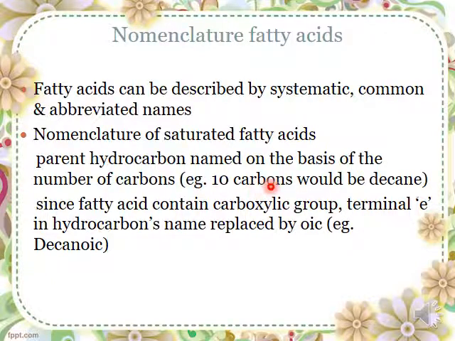Note that it ends with the letter E due to the 10 carbons, but because this is an acid, we replace the E with OIC, so it becomes decanoic acid. This is very simple, basic knowledge that you have learned before.